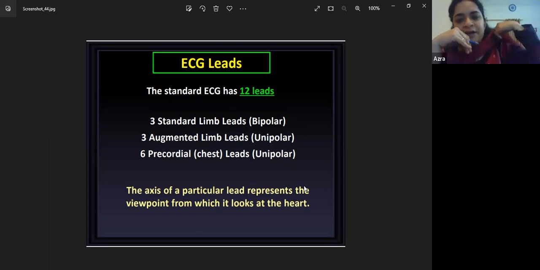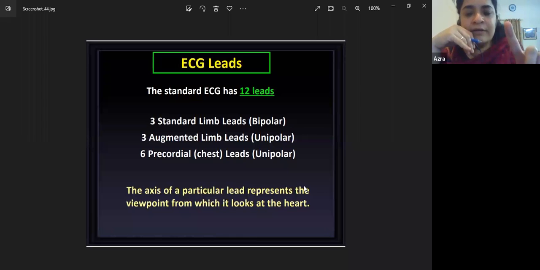Like if you connect on the leg, the vein which supplies the blood to the heart gives that result. One lead gives the result of two.